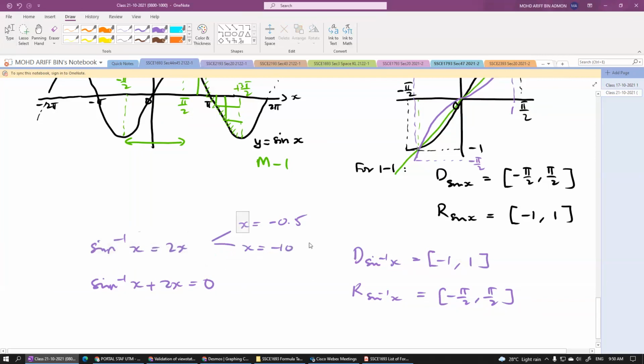But for this one, when you substitute into this x and also this x, no problem. It satisfies both sides, for example. So we accept this one, but we reject this one. Is it clear? Yes, sir. But it is not just checking like this. Later I will show you how we can check. It's not just checking like this.